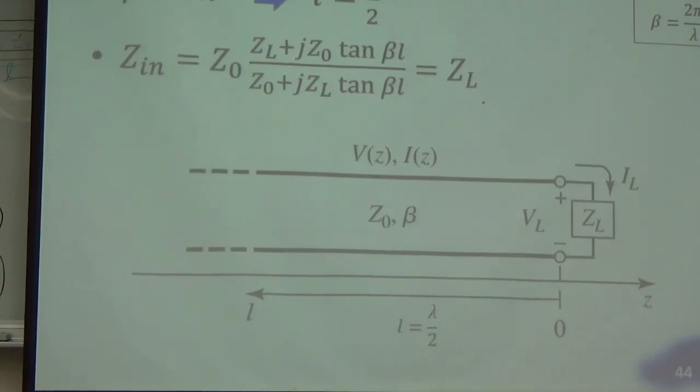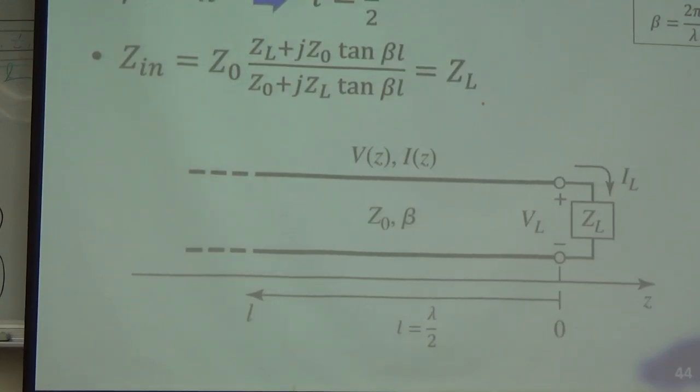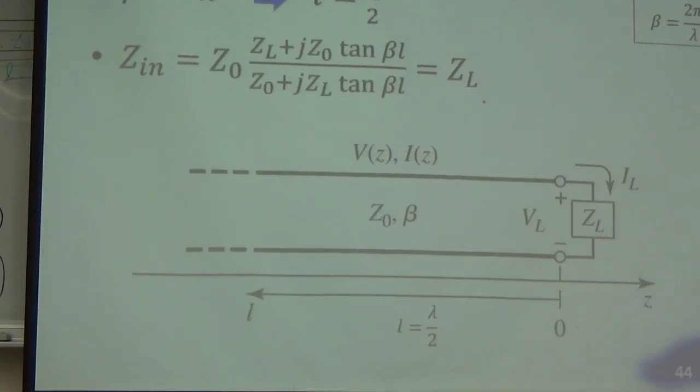If your tangent theta is 0, this is 0 and this is 0, right? And your ZL and ZL cancel out each other. Your Z in is ZL. Okay, the same conclusion as what we just said.